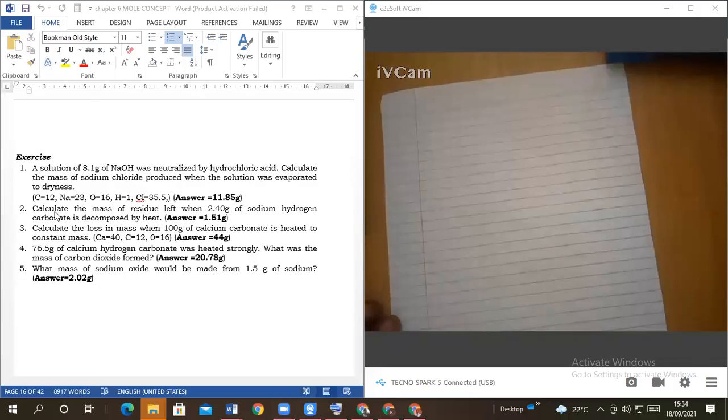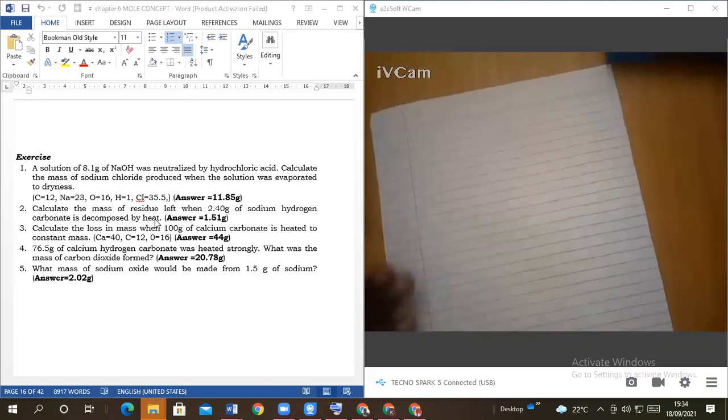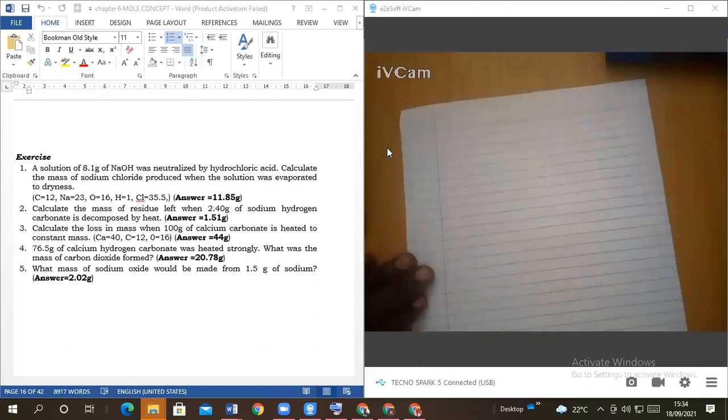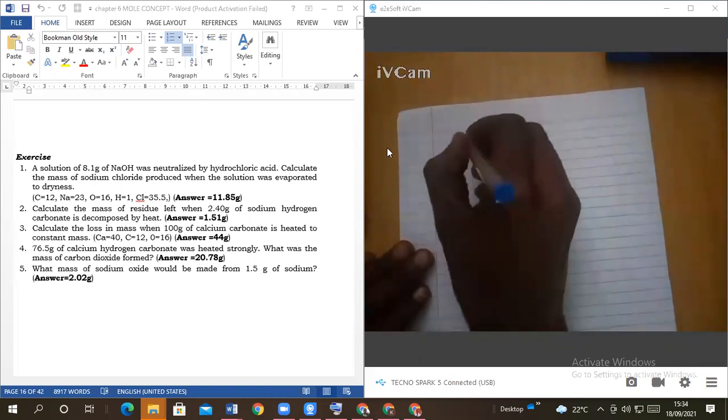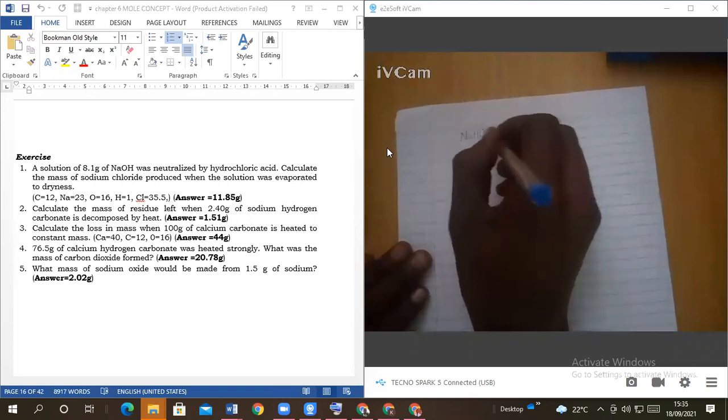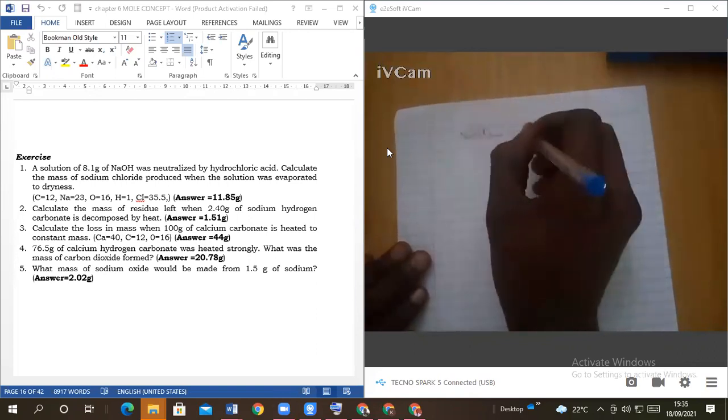Okay. Number 2 says, calculate the mass of the residue left when 2.4 grams of sodium hydrogen carbonate is decomposed by heat. Now, those who looked at carbon and its compounds, or when you looked at salts, when you heat sodium hydrogen carbonate solid, what does it go to?